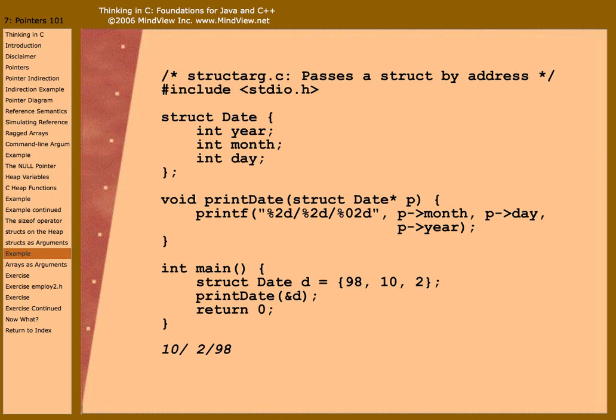So I have P points to month, P points to day, P points to year. We usually pronounce that P arrow month. It's a little easier to say. And in the main program, as you would expect, I simply pass the address of the date struct object, D. So print date ampersand D.